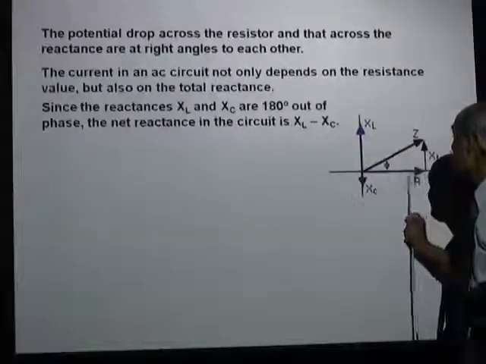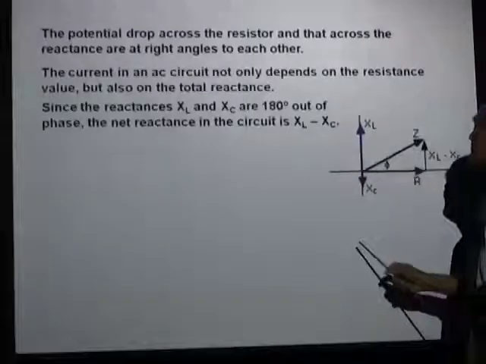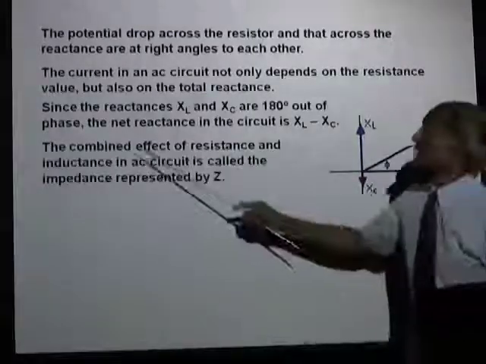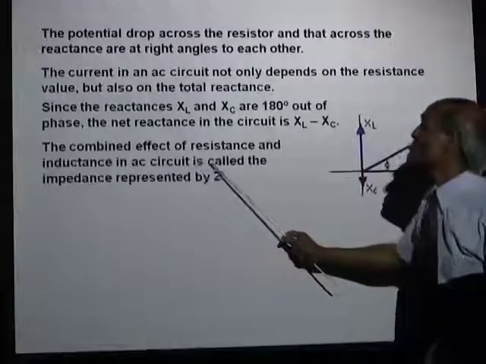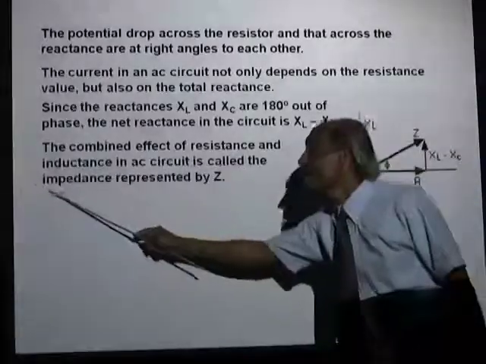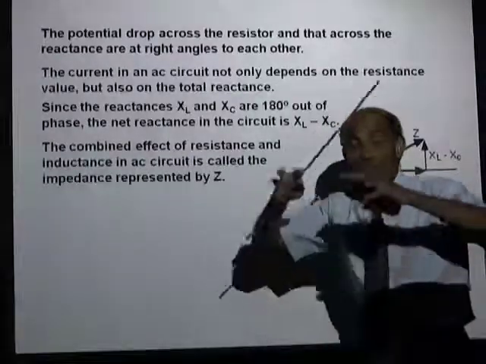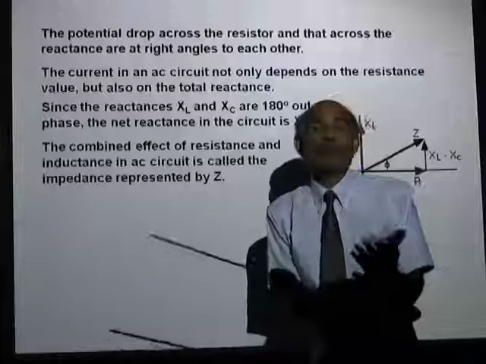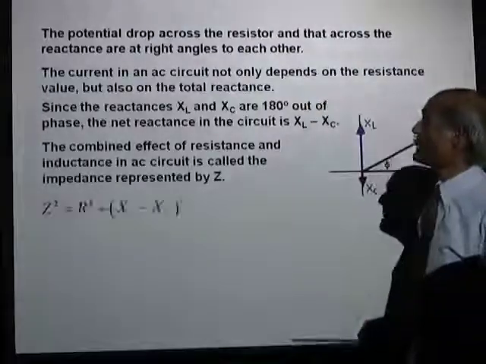The resistance is at right angles to both XL and XC. Now, the combined effect of resistance and reactance in a circuit is called the impedance. We talked about this, represented by Z. The total effect of all these reactances and resistance together we call impedance.